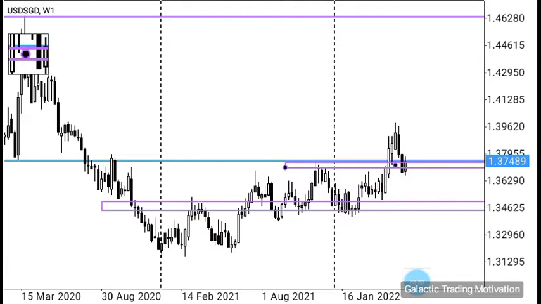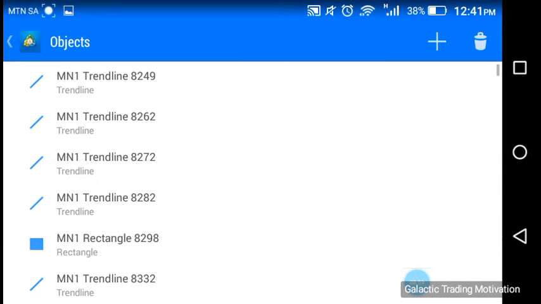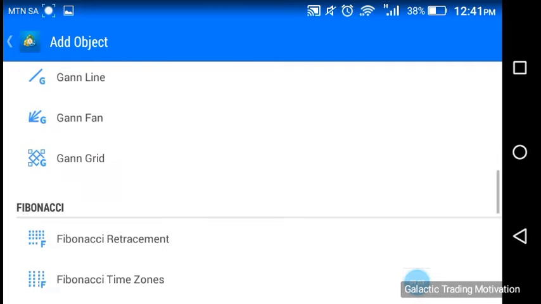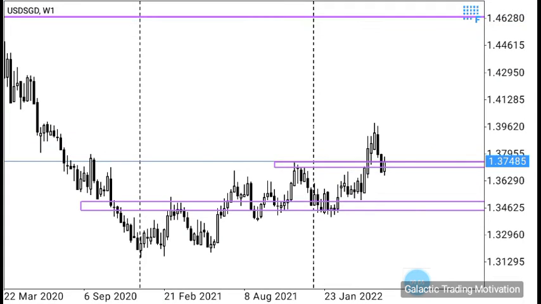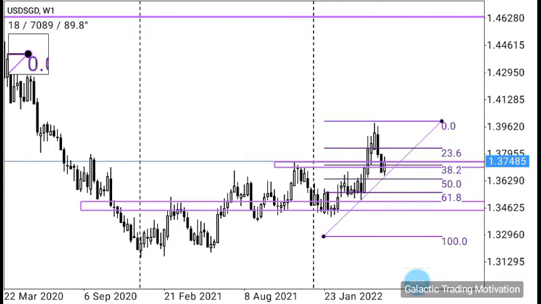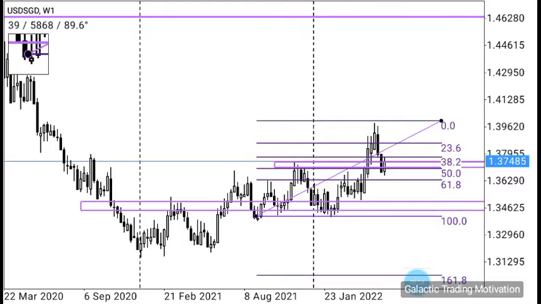There goes our W structure, and I'm also going to utilize the Fibonacci retracement tool just to see if the neckline aligns with any of the key numbers that we have on the Fibonacci retracement tool. Just bear with me, guys. So there goes our Fibonacci retracement tool.